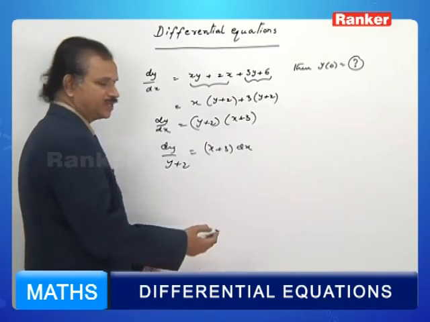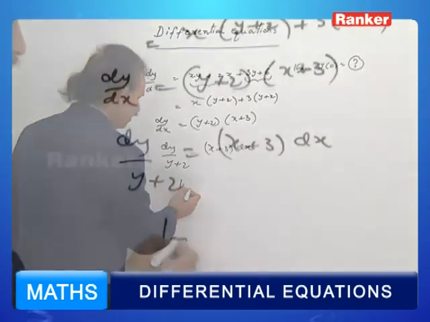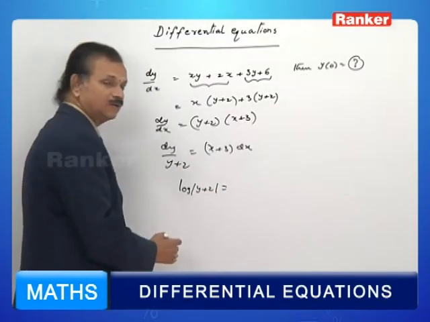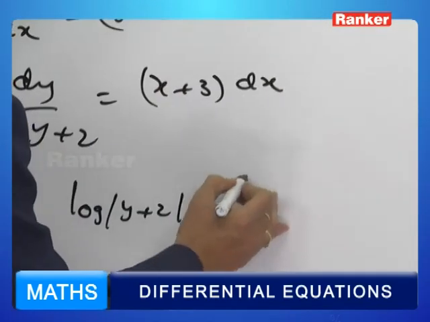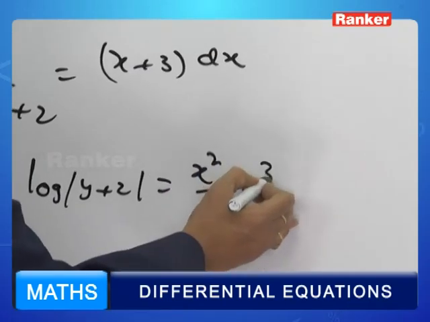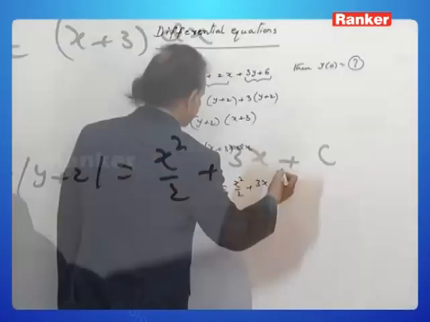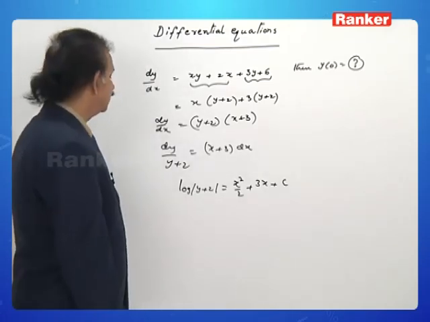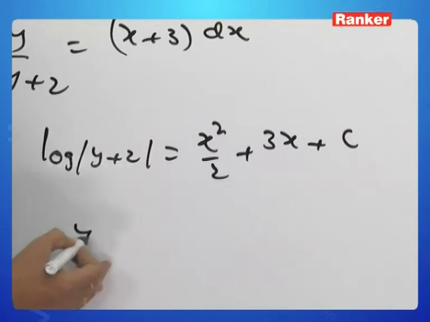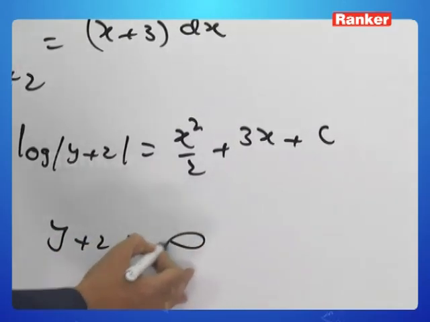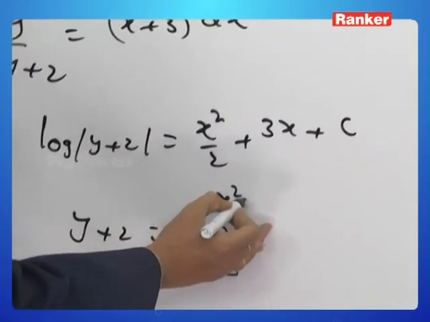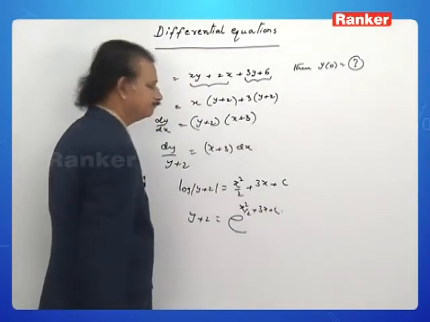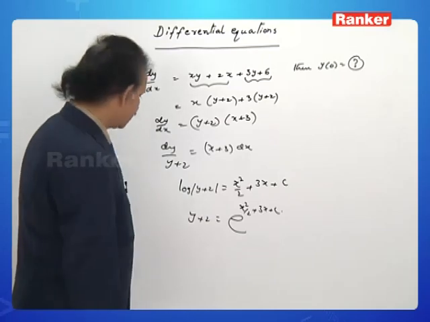dy by y plus 2 is equal to x plus 3 dx. Integrating on both the sides, log mod y plus 2 is equal to x square by 2 plus 3x plus c. This implies y plus 2 is equal to e power x square by 2 plus 3x plus c.